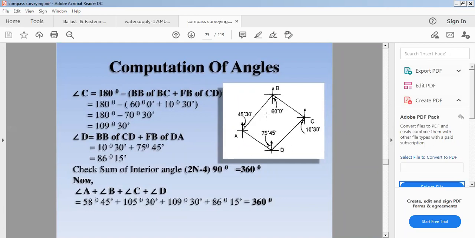If the angle sum is not equal to this value, then you may have measured a wrong angle, so you can check again and repeat the process. The value should be the same as we get from the sum of interior angles, 2n minus 4 right angles. Is it clear?